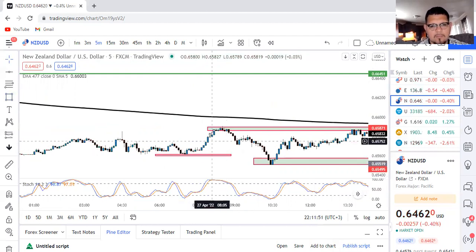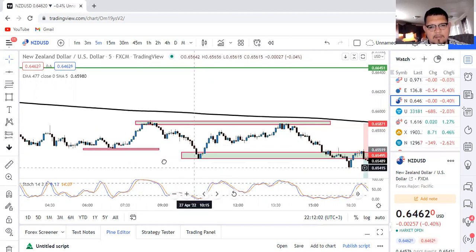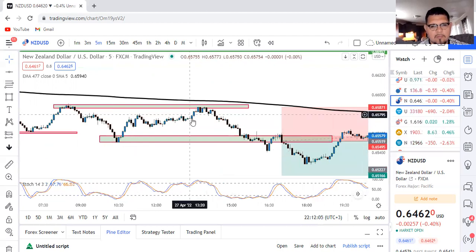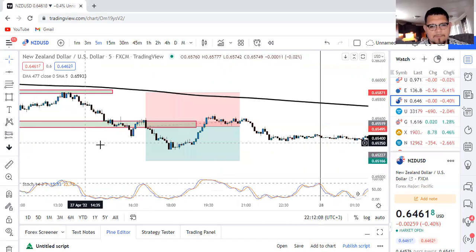We had this low where price was still kind of pushed away from the 477 moving average, right? We wanted to target this low right here. Entry made. Okay, same thing here. We wanted to target the low. Entry, hit, take profit. Okay.